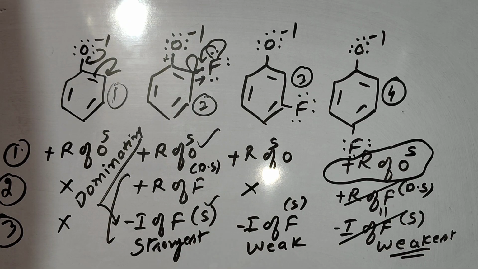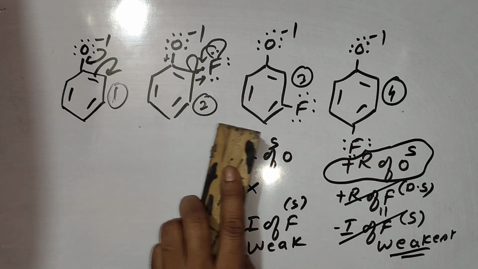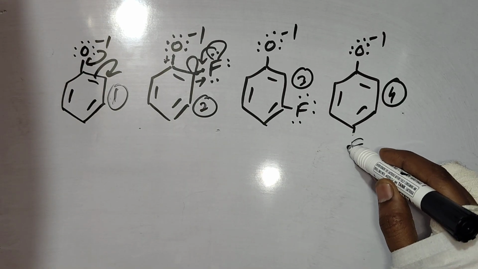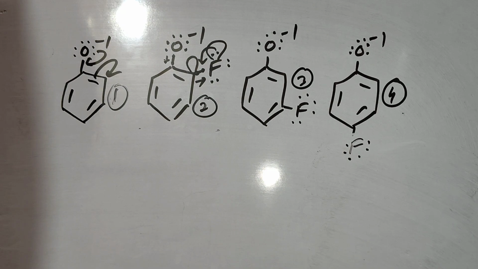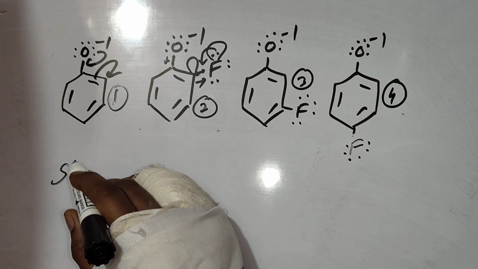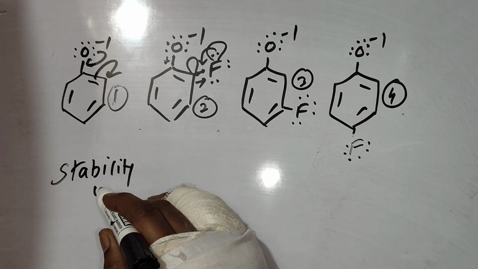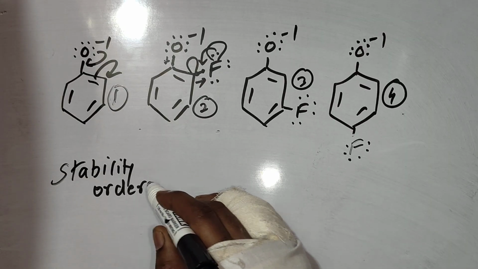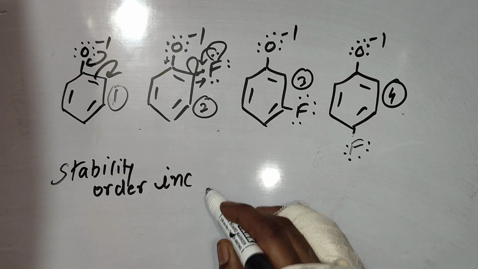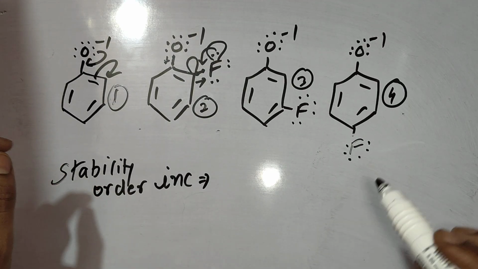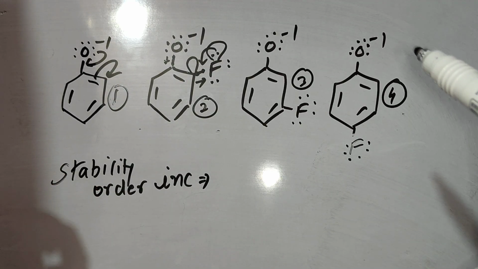And then finally we have concluded what the stability order is. Let's check. The stability order is this. If I write the increasing stability order, which will be least stable?